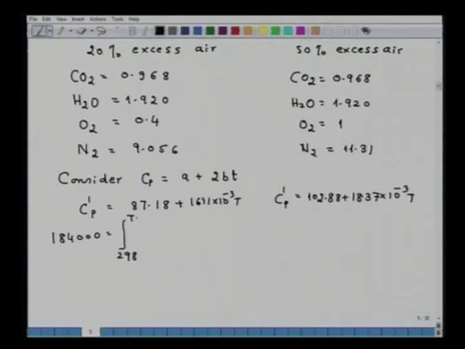the integral from 298 to TF of (87.18 plus 16.11 into 10 to the power minus 3 T) dt.